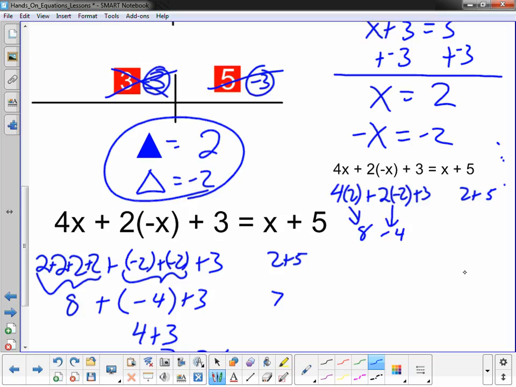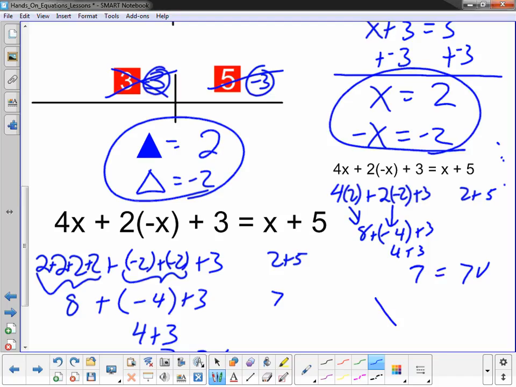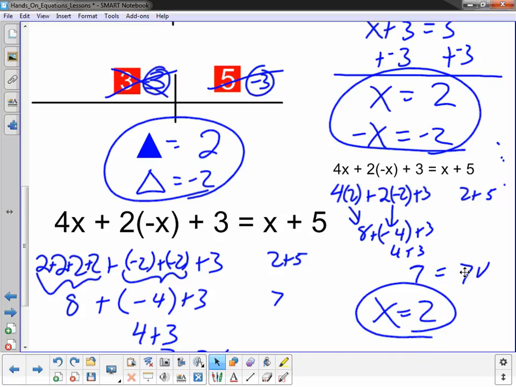Negative 4 plus 3. Again, 4 plus 3 is 7. 2 plus 5 is 7. That works out. Typically speaking, algebraically, we only want to know what x is, not what the opposite of x is. But on your assignment, I think it might ask for the opposite of x as well.